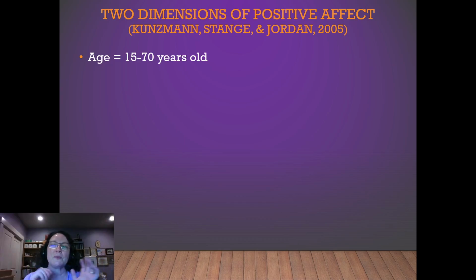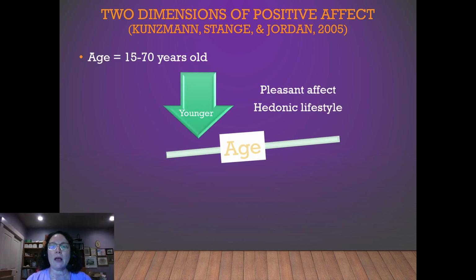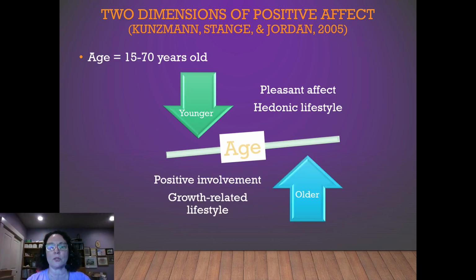So Kunzman et al. did a study of people who in their study were between the ages of 15 and 70 years old. And what they found is that younger people tended to seek out pleasant affect and a hedonic lifestyle, whereas older people tended to seek out more positive involvement and more growth related lifestyle. So our natural tendencies when we're younger are to do certain kinds of things to seek out positive affect.